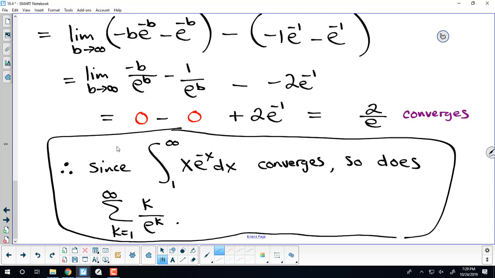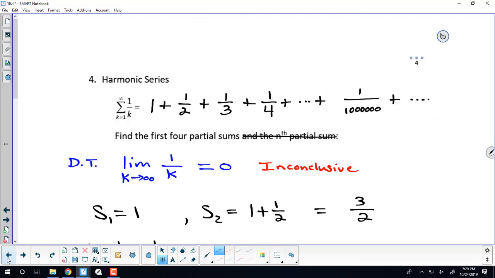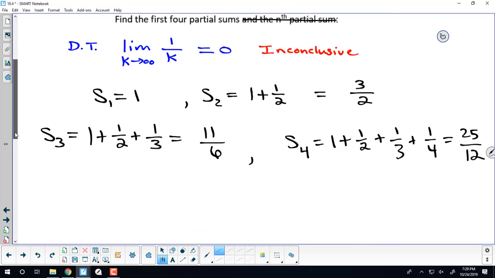So with the integral test in mind, let's go back to that harmonic series. I said that even though the terms approach 0, the divergence test was inconclusive.